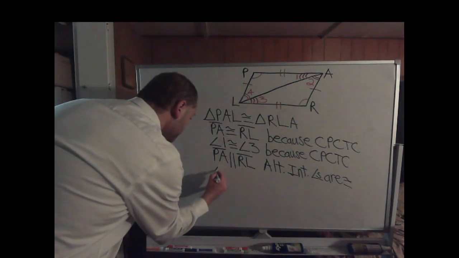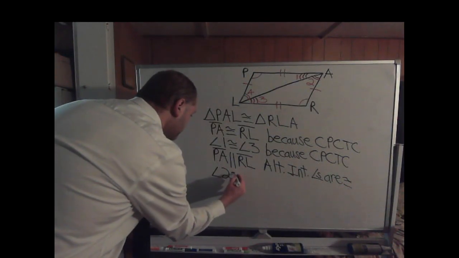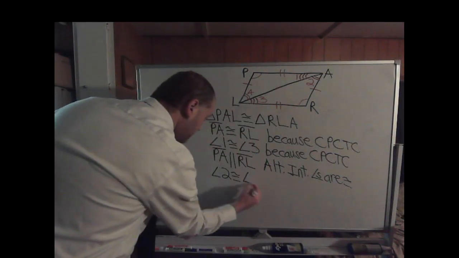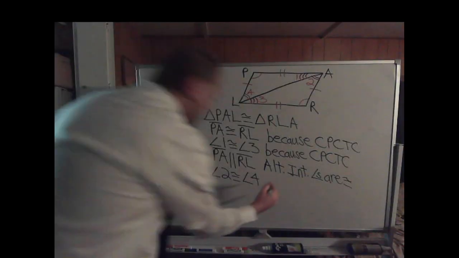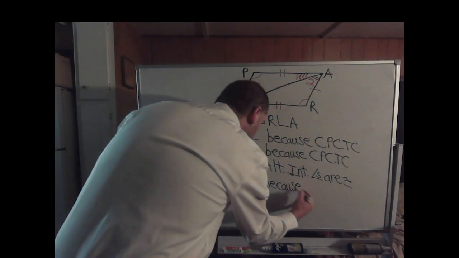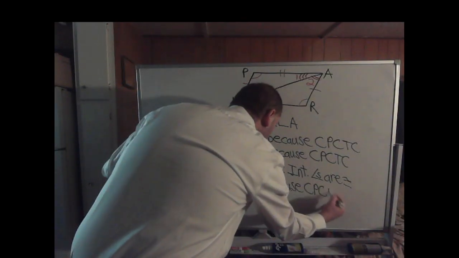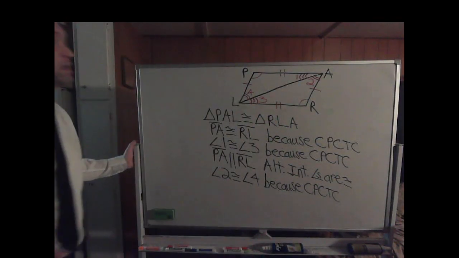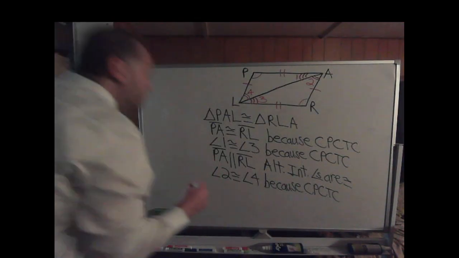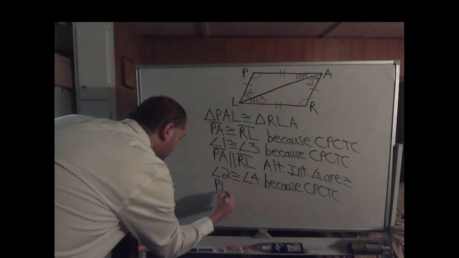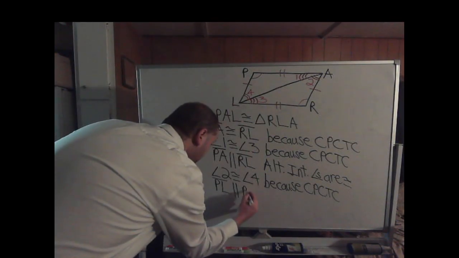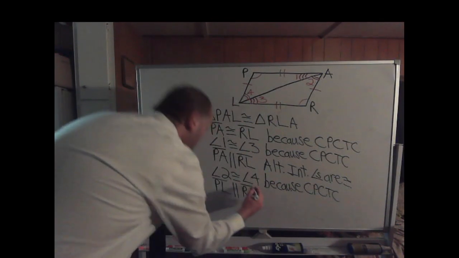And then what do they want? And then we can also say that angle 2 is congruent to angle 4 because of the wonderful CPCTC. Which then we can argue that PL is parallel to RA. Why are they parallel?